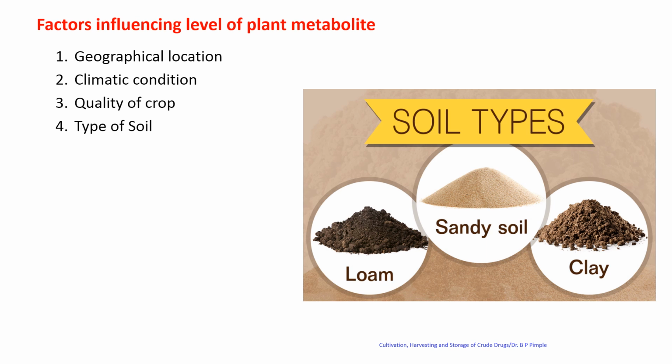Then, type of soil. Soil varies with the geographical location as well as during cultivation. Soil is added externally sometimes in a small piece of land. Now, the quality of soil you are using can be of large granular size called loamy soil, or very fine soil called sandy, or sometimes clay soil.